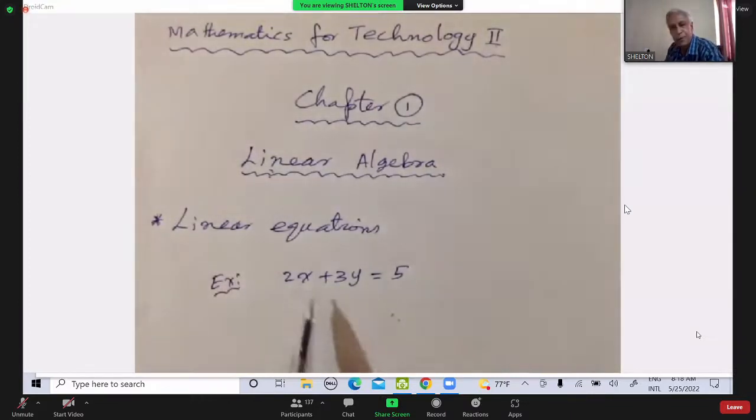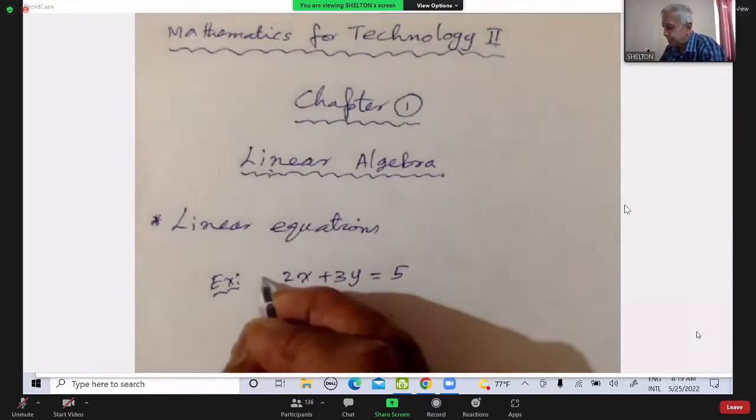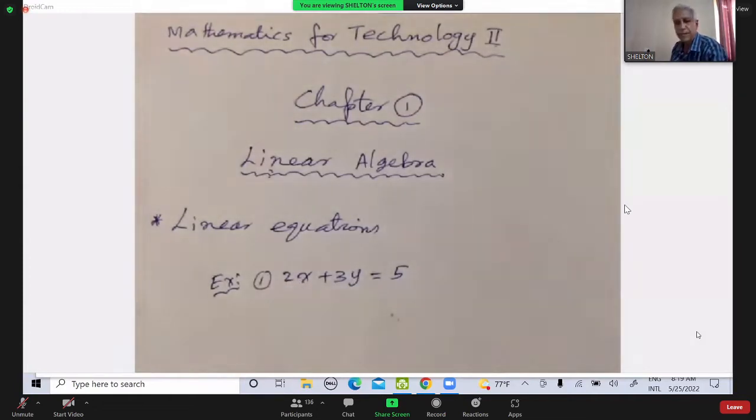How many variables are there? 2: x and y are the variables. The 2 is a coefficient, a constant, a number in front of a variable, just any real number. Plus 3y: y is a variable, 3 is the coefficient of y, and 5 is also a constant. That is an example of a linear equation.